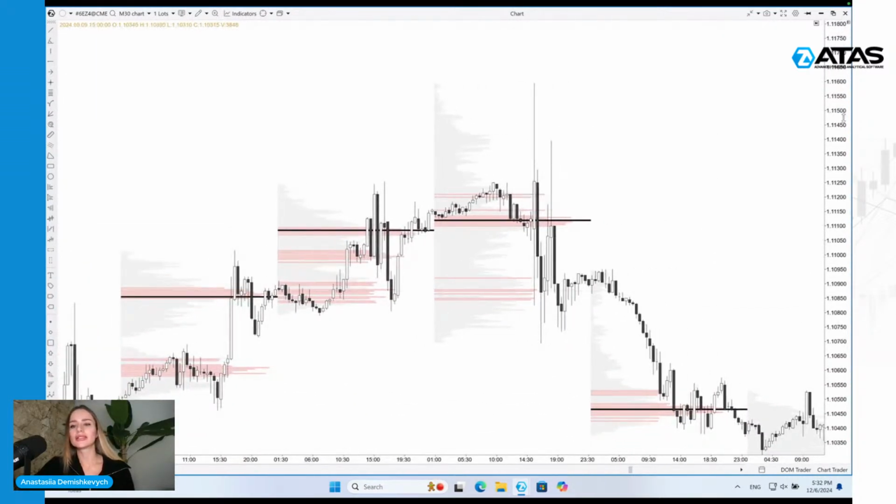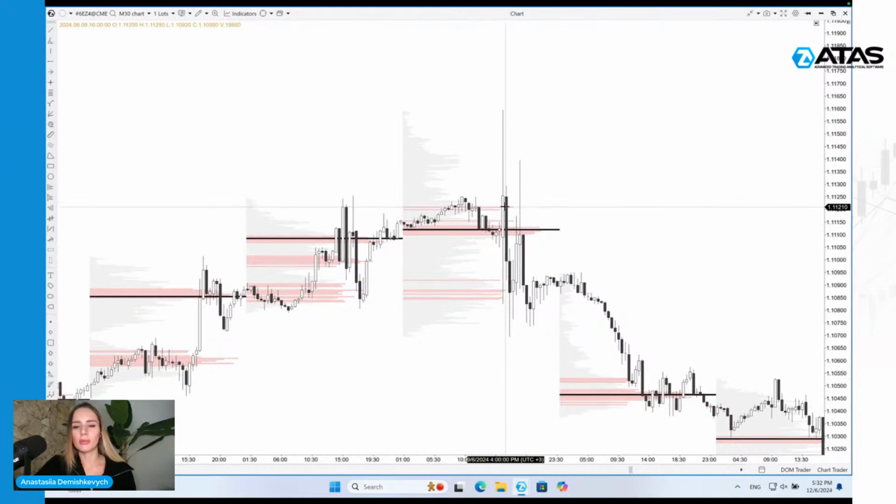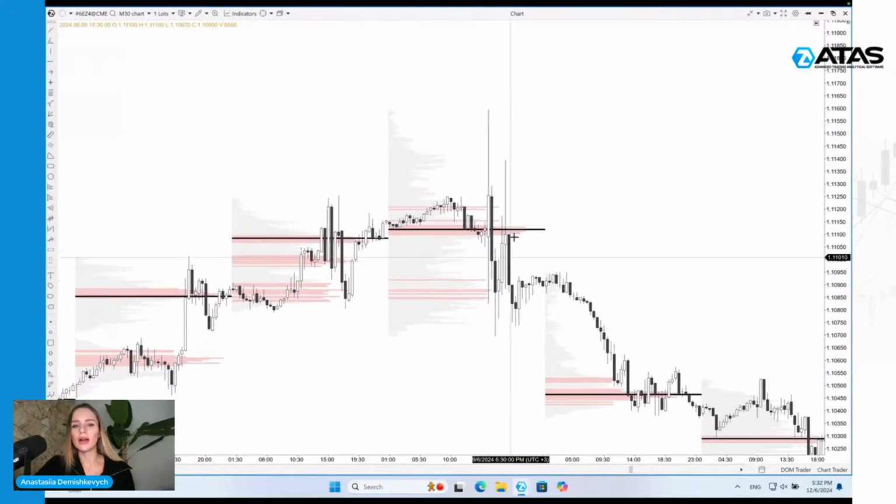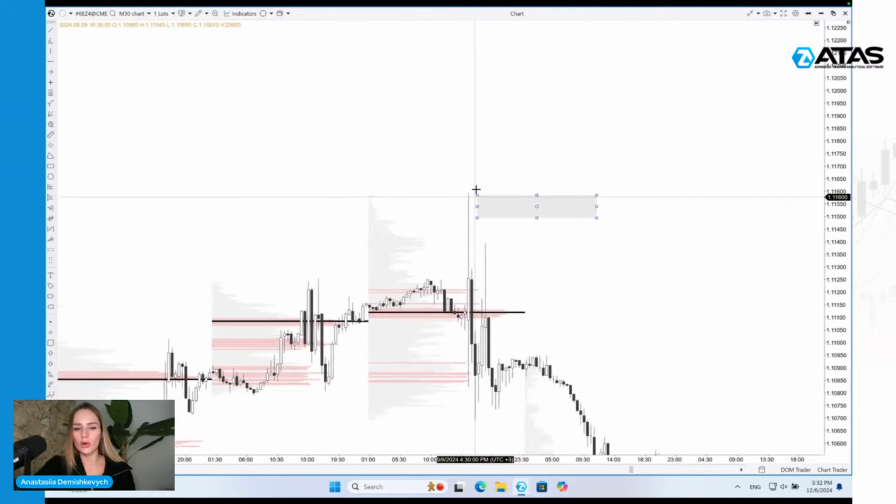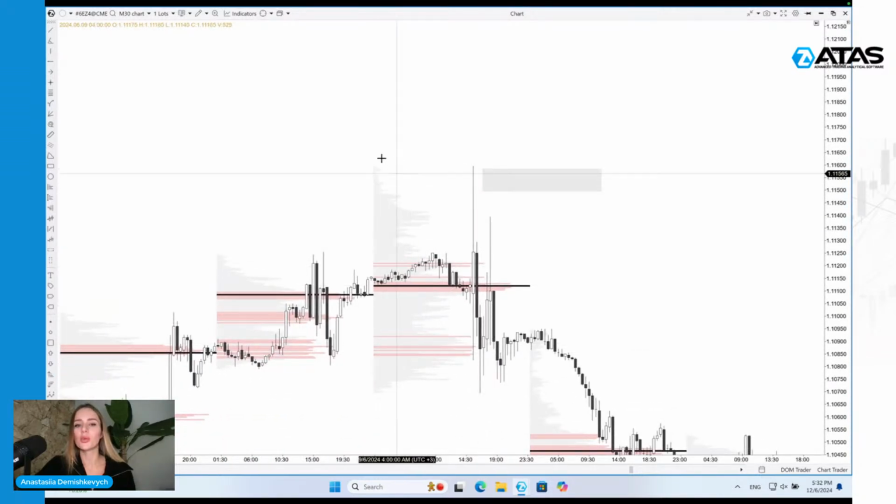The wick tail is a situation when the price highs or lows were supported by very low volume in the volume profile. Like, for example, the situation here. As we can see, when the price reached this high, there was barely any volume at the highs of the price. So compared to the overall volume profile, this was a weak price tail.